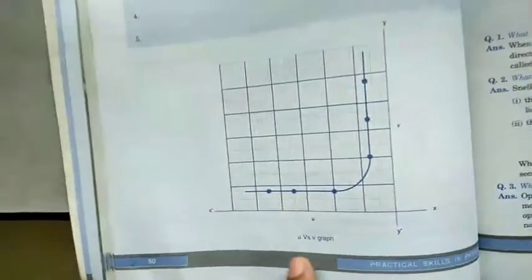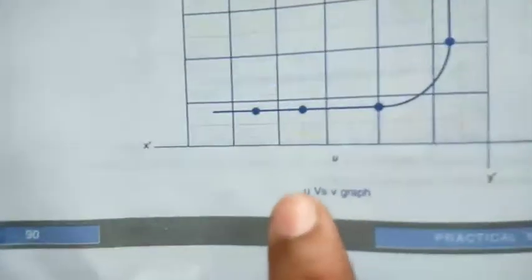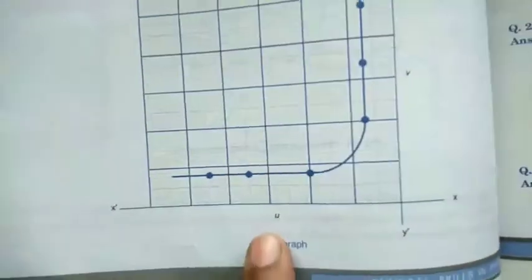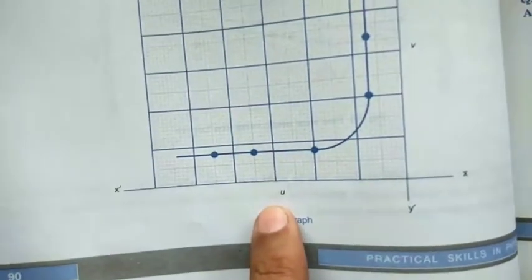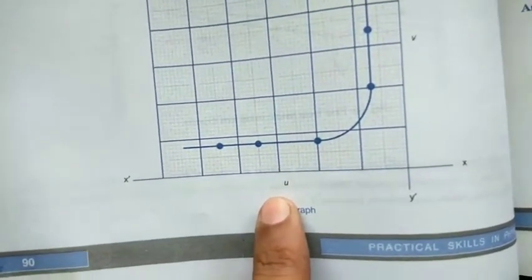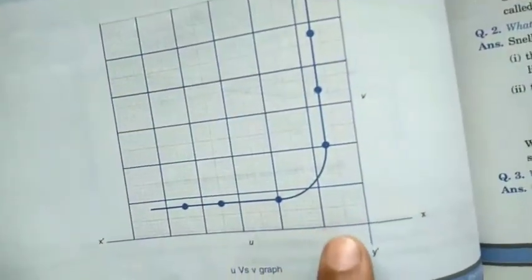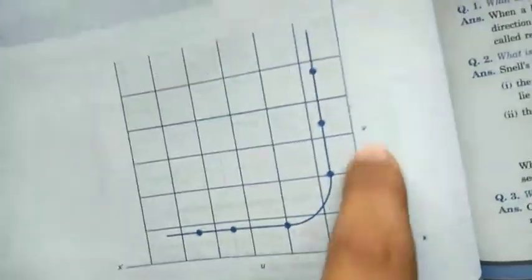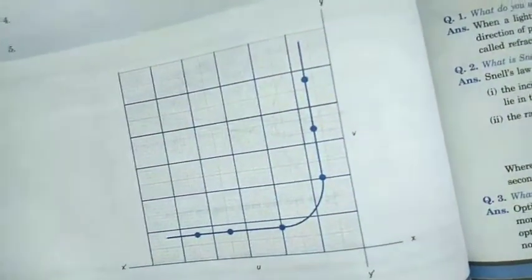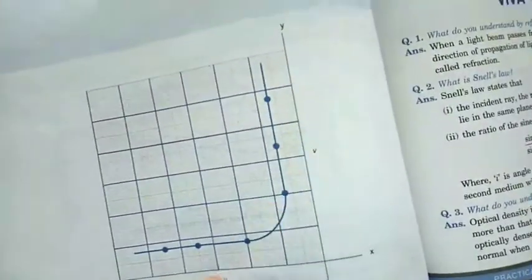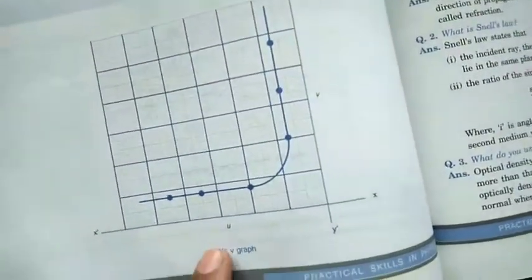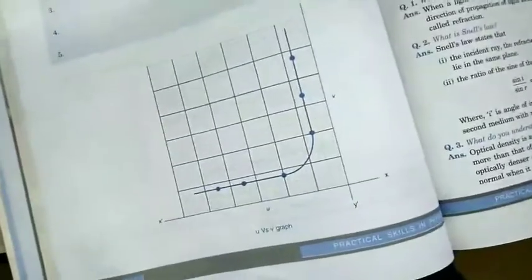We know that u is negative for a convex lens by sign convention and v is positive. So the graph between minus u and plus v will look like this. So let's start the practical.